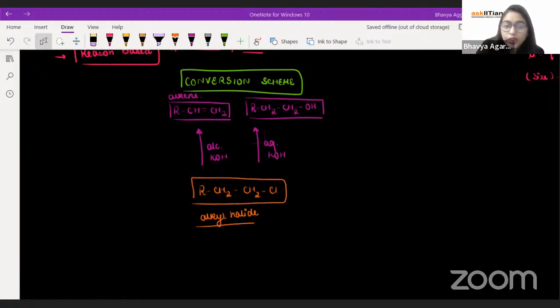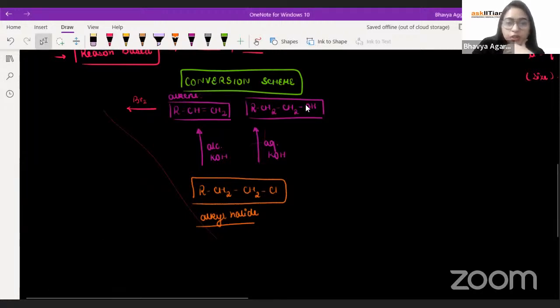Now, if I talk about this particular part further, okay. So, like as we were discussing, if I'll treat it with bromine, right? And then there will be a vicinal addition.